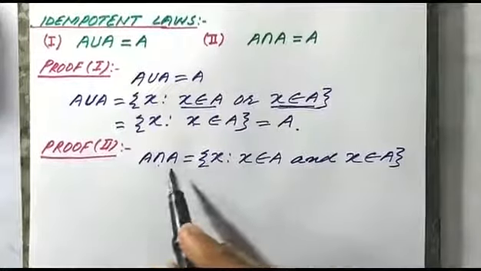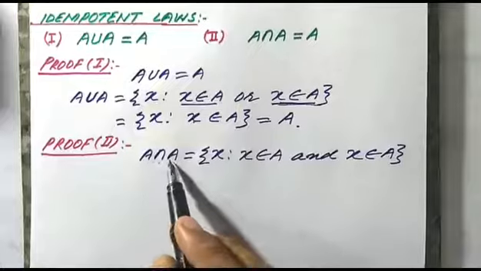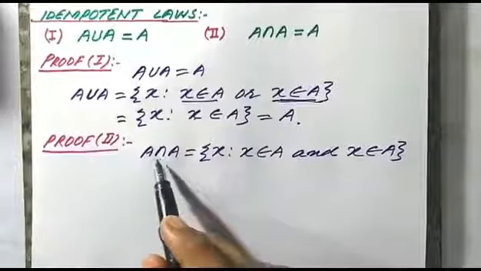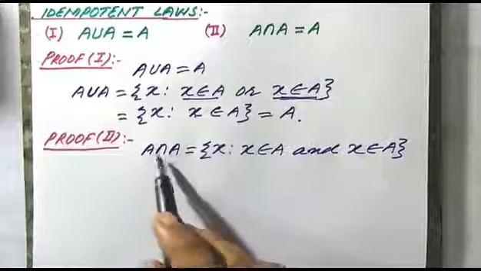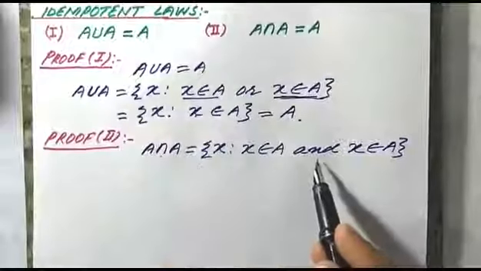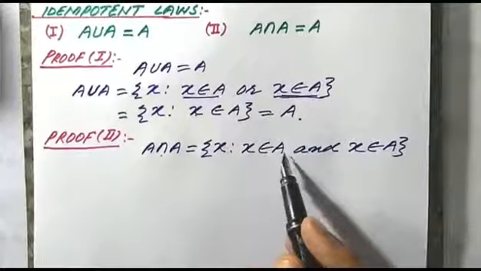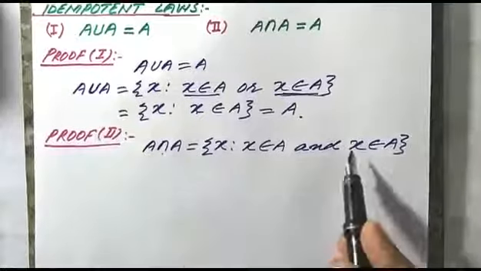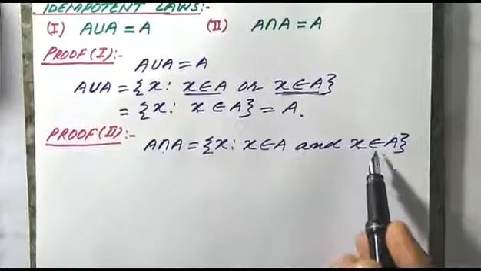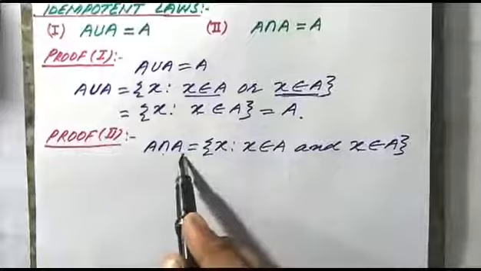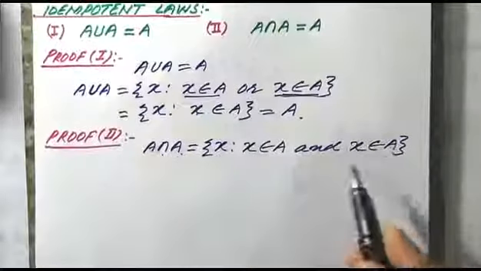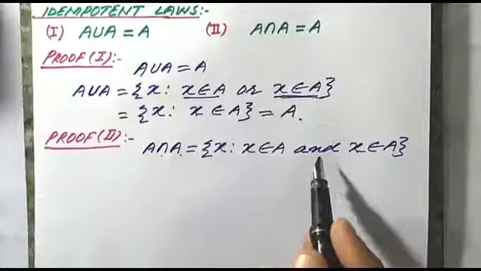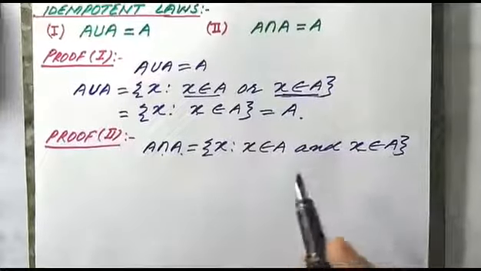If an element belongs to the intersection of two sets, it must belong to both of the sets. X belongs to A, the first set, and X must also belong to the second set, which is also A.